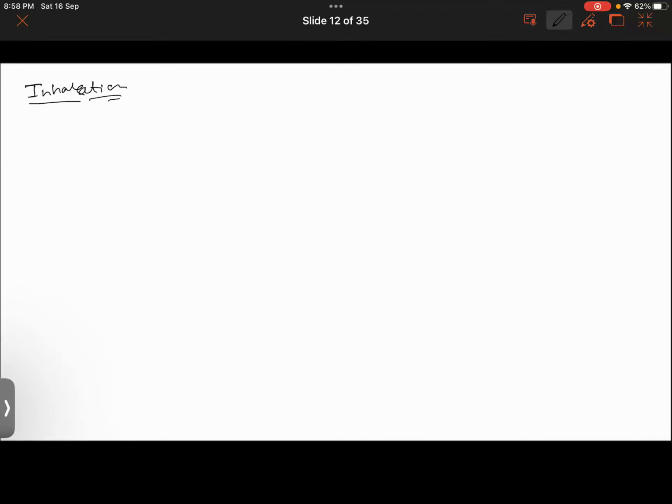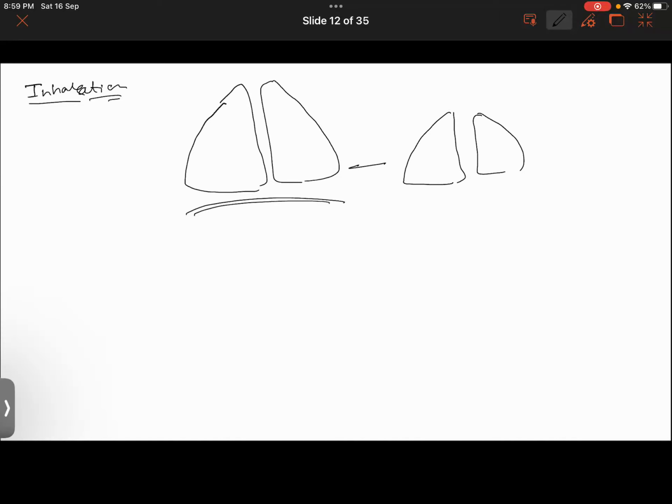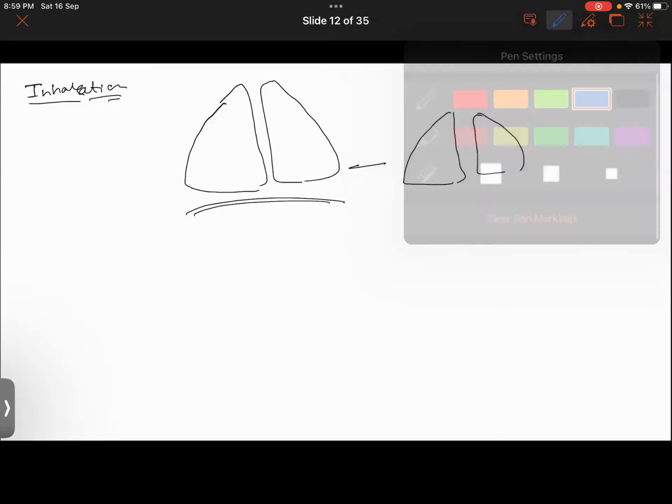So the diaphragm will move downwards. When we inhale the air, the diaphragm goes down, and when we exhale, it goes up. It is because there's a concept of pressure here.